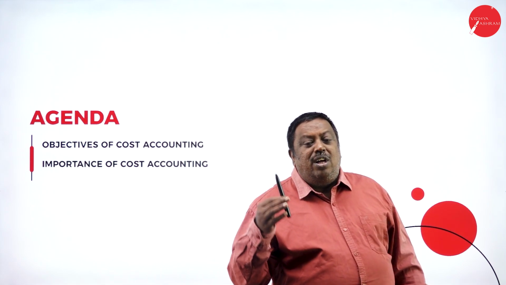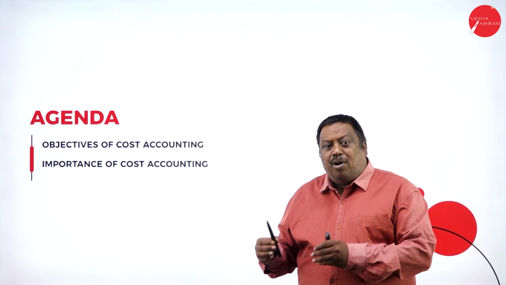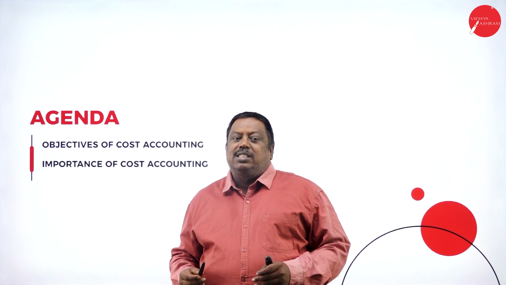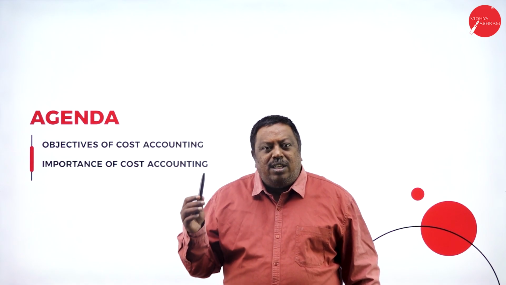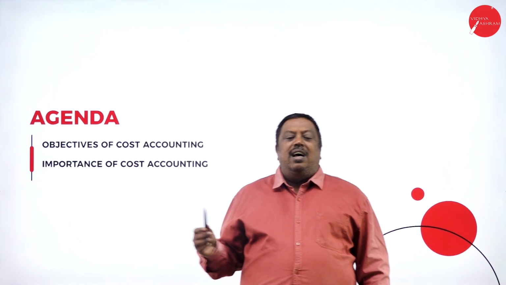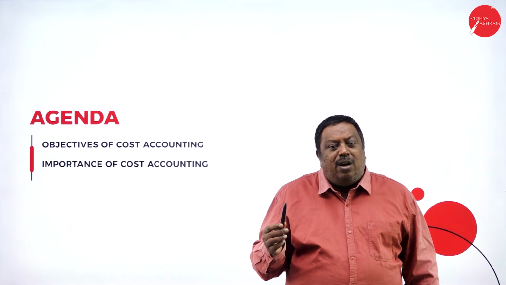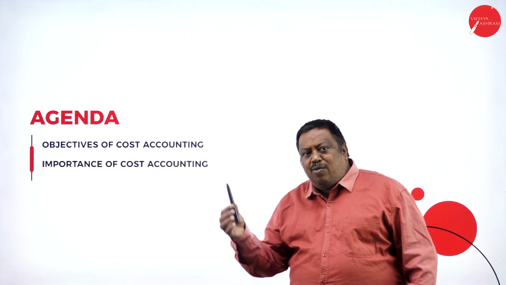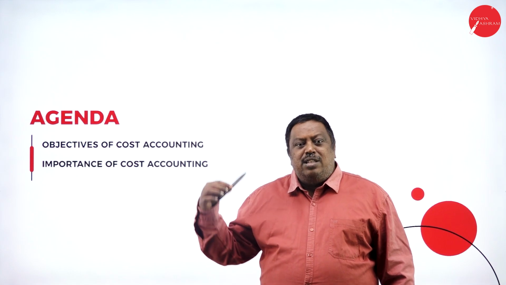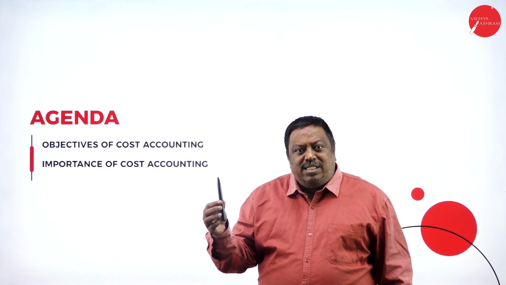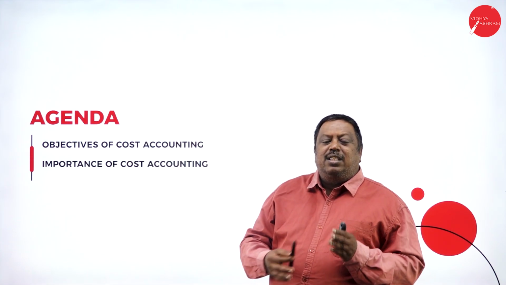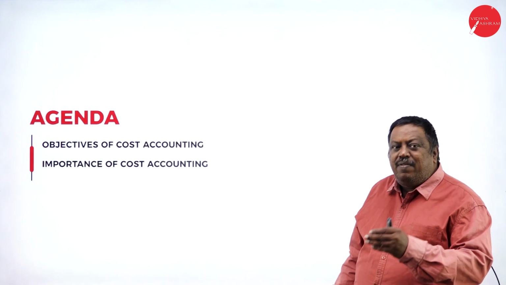Based on the use of the product, the cost is going to be ascertained, and it is also described according to its nature. For example, a consumer asks what is the cost of the product to consume it. A manufacturer asks what is the cost of the product for conversion of raw material into finished goods. These are the things we learned in our previous session.